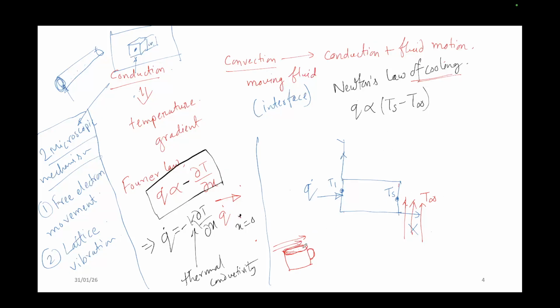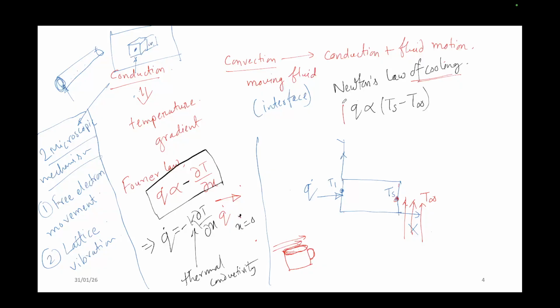Like in this cup of tea, if you are blowing hot air above it, it will not cool quickly. But if you are blowing cold air, it will cool quickly. So the temperature difference between this solid surface and the bulk fluid is quite important in cooling.